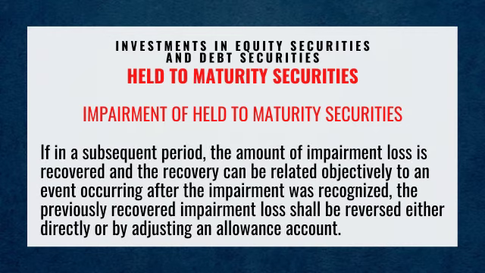If in a subsequent period, the amount of impairment loss decreases and the decrease can be related objectively to an event occurring after the impairment was recognized, the previously recognized impairment loss shall be reversed either directly or by adjusting an allowance account.